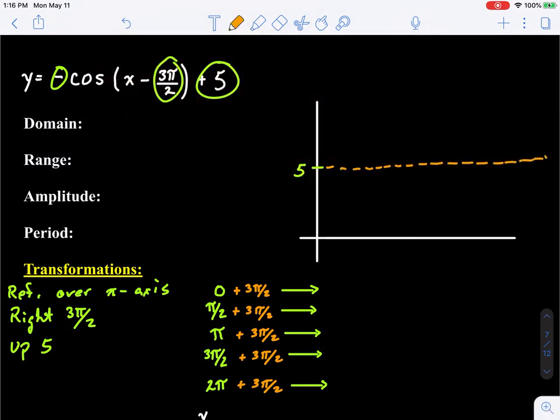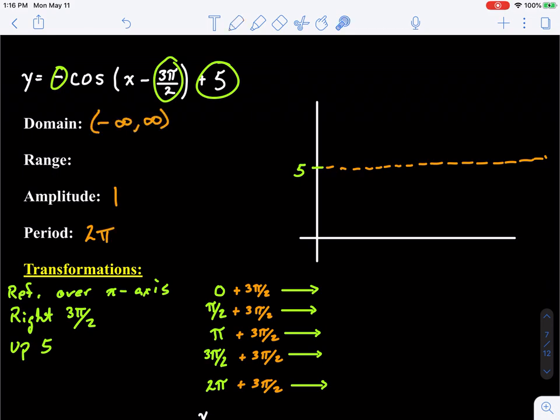If you notice, what we've got right here is a 1. That is going to be your amplitude. So we're going to have an amplitude of 1. Period is still 2 pi. Domain, negative infinity, infinity still. That's kind of constant.